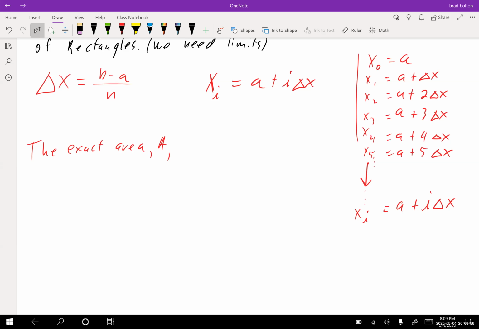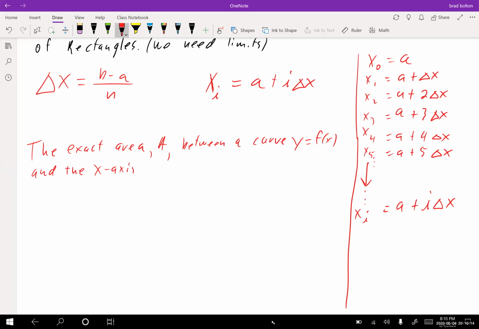We're going to say the exact area A between a curve y equals f of x and the x-axis from x equals a to x equals b is given by this.